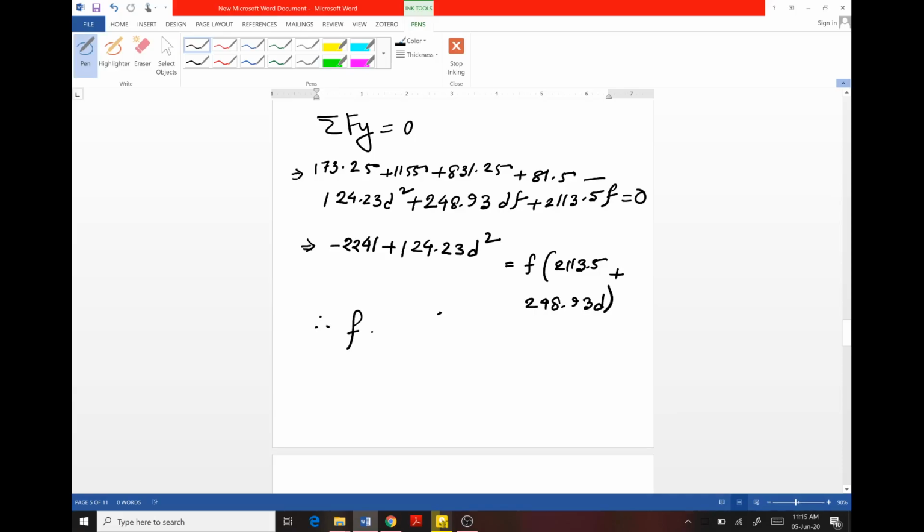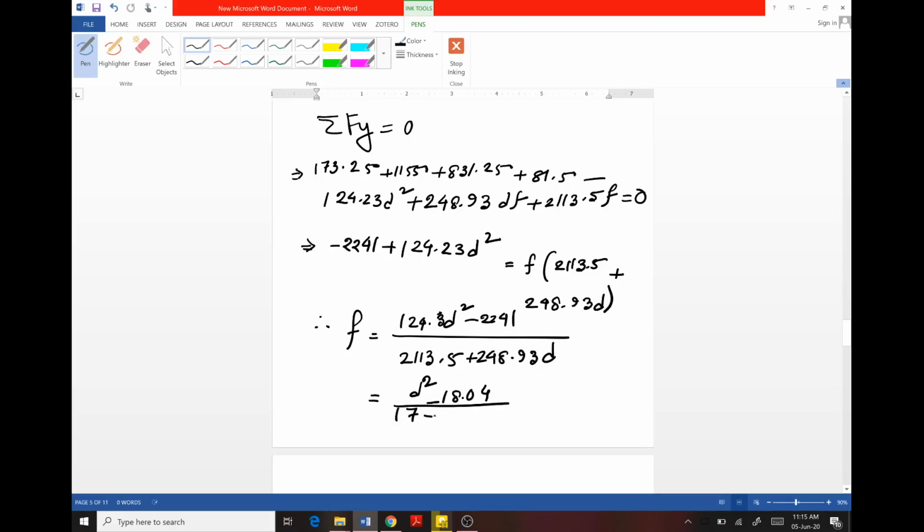So F will be equal to 124.3 d square minus 2241 divided by 2113.5 plus 248.93 d. You can simplify this or you can keep it just like this, it's up to you.